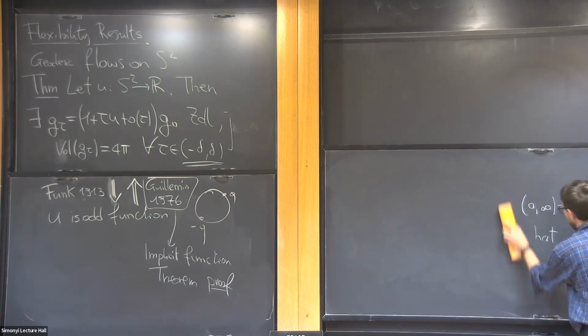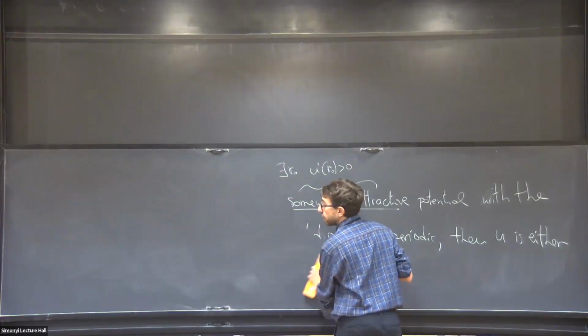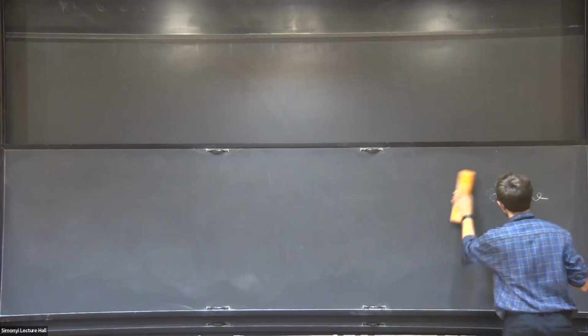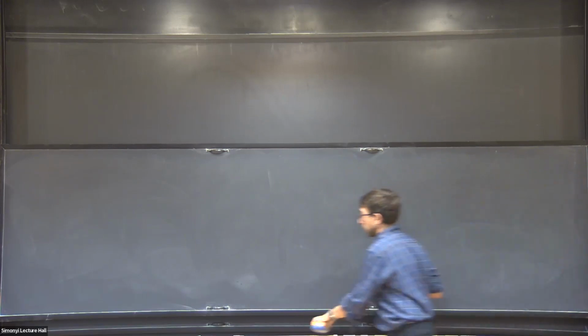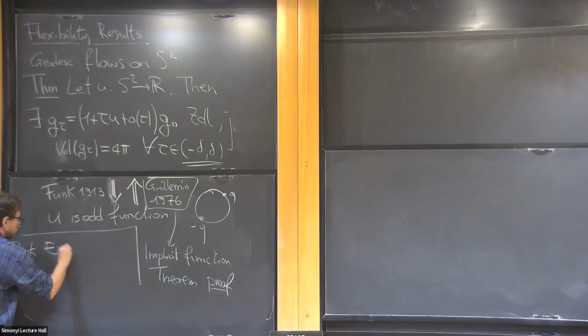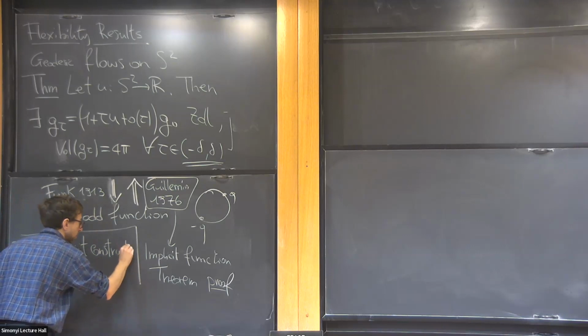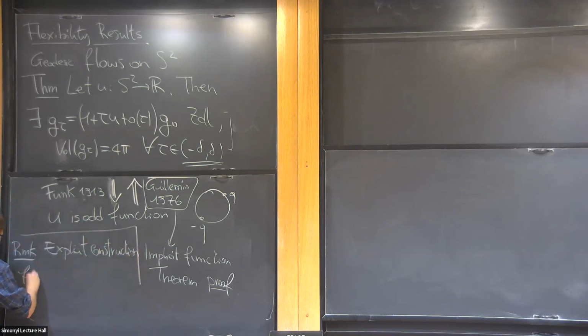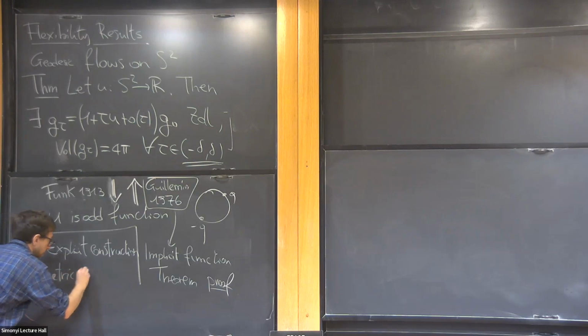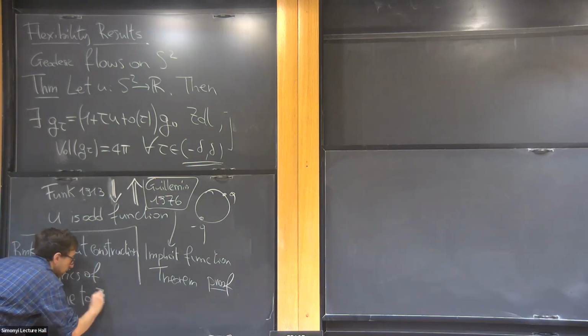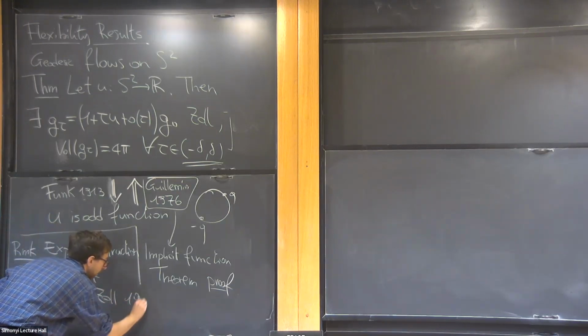Okay, while I erase, I can make also another comment. Actually, if you require your metric to be of revolution, this result is due to Zoll. That's why we name Zoll metrics. Here is an explicit construction for metrics of revolution due to Zoll in 1903.